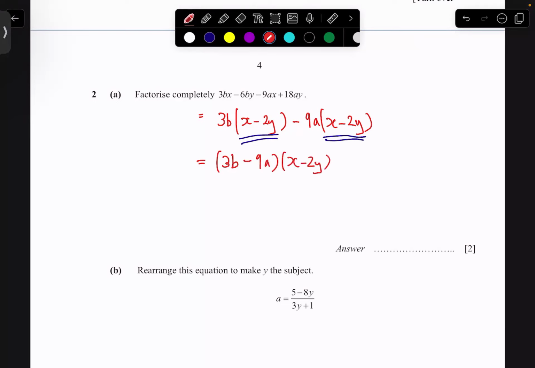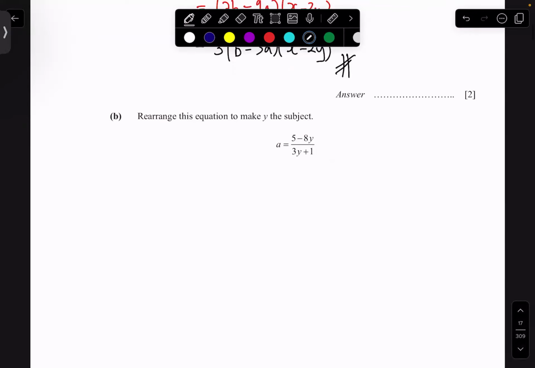Now, this question is tricky, trying to trick us, because 3b and 9a actually have a common factor. So that means you have to take out the common factor as well. So you have 3 times b minus 3a, x minus 2y. Final answer. Okay, rearrange to make y the subject. First I see the fraction, I don't like it.